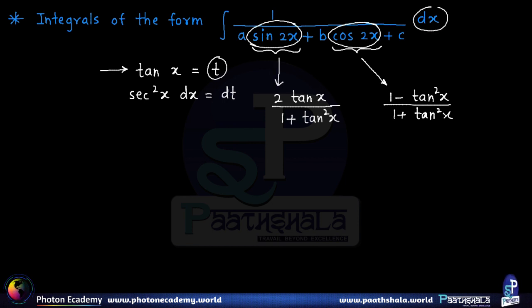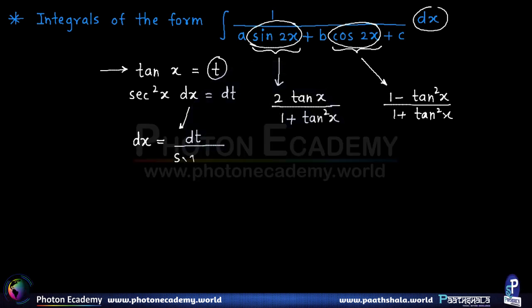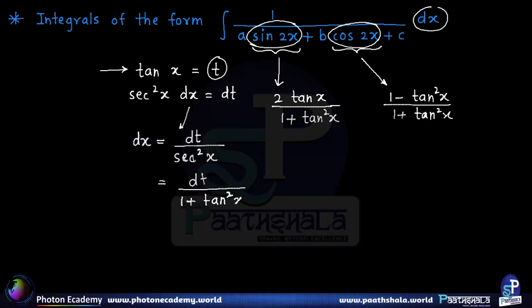How do we substitute it entirely in terms of t? So for that, from here we get dx to be equal to dt upon sec square x, isn't it? So that further gives us dt upon sec square, which can be written as 1 plus tan square x, and therefore we get at the end dx is equal to dt upon 1 plus t square, since tan x was the t that we had substituted.